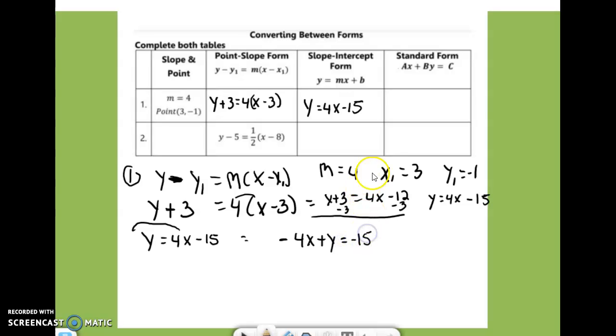And if you recall, with standard form, your first term can't be negative. So to get rid of that, I'm going to multiply everything by negative 1, which will give me 4x minus y equals 13. Okay.